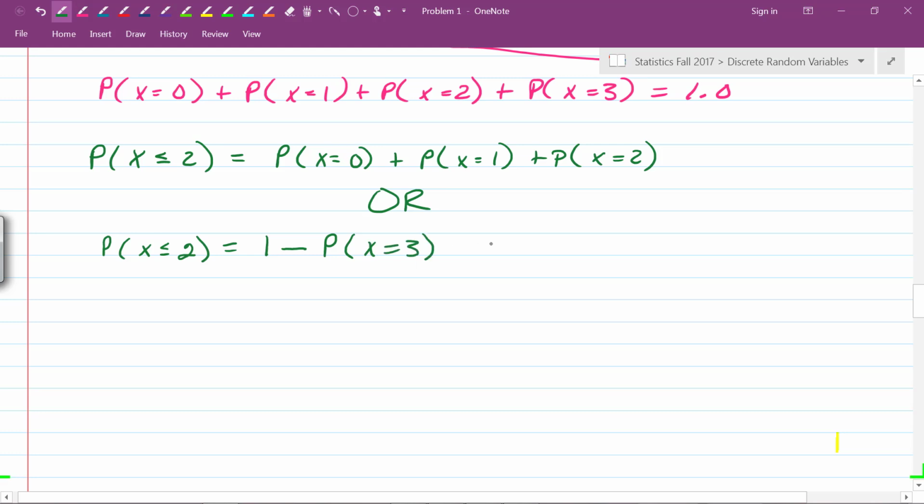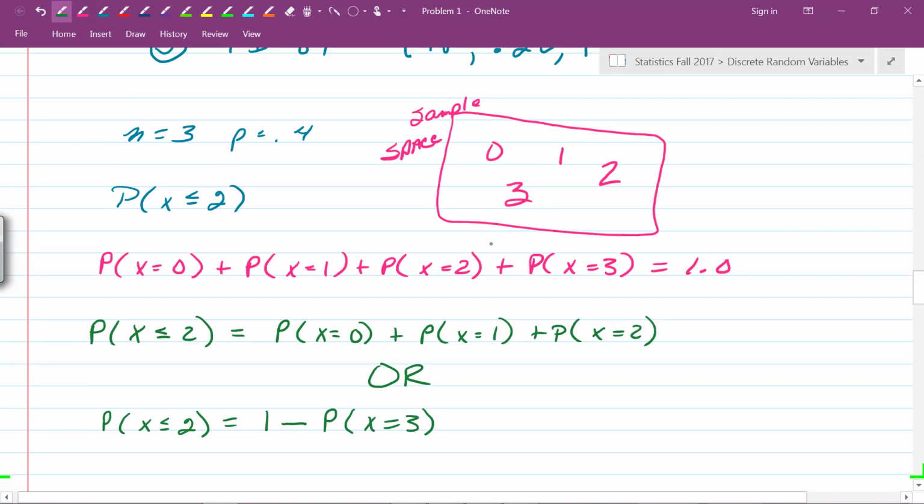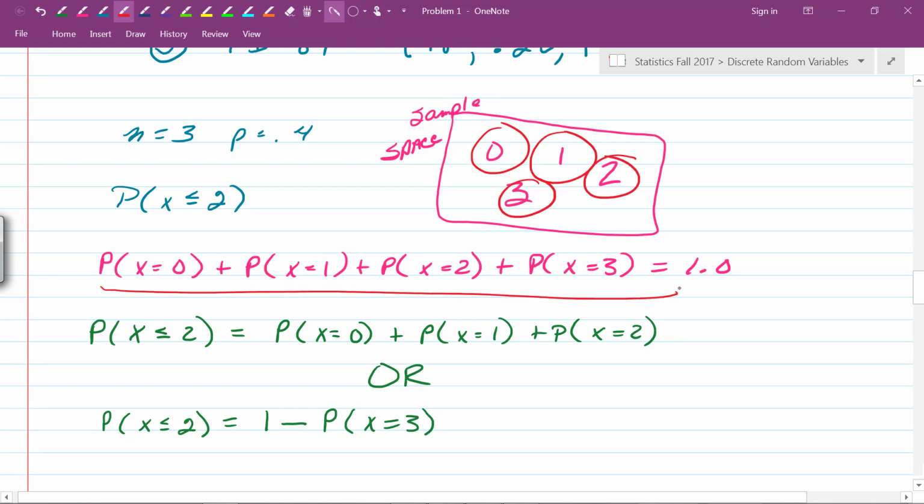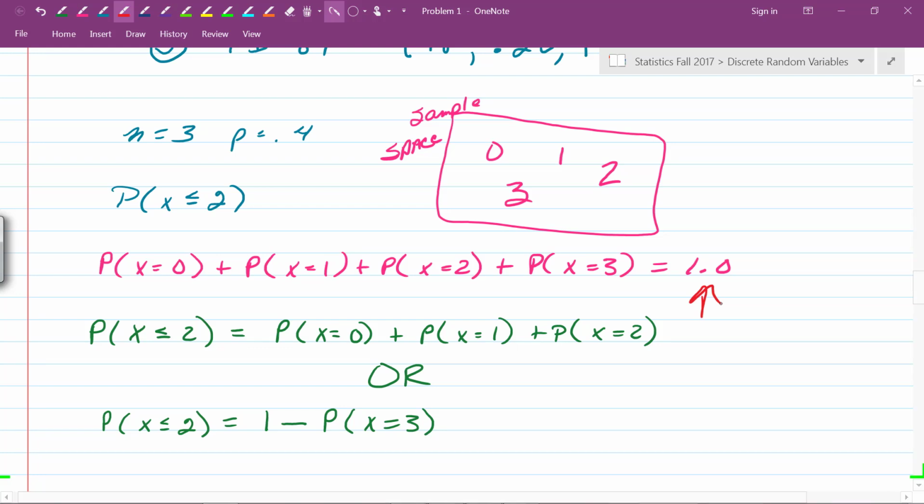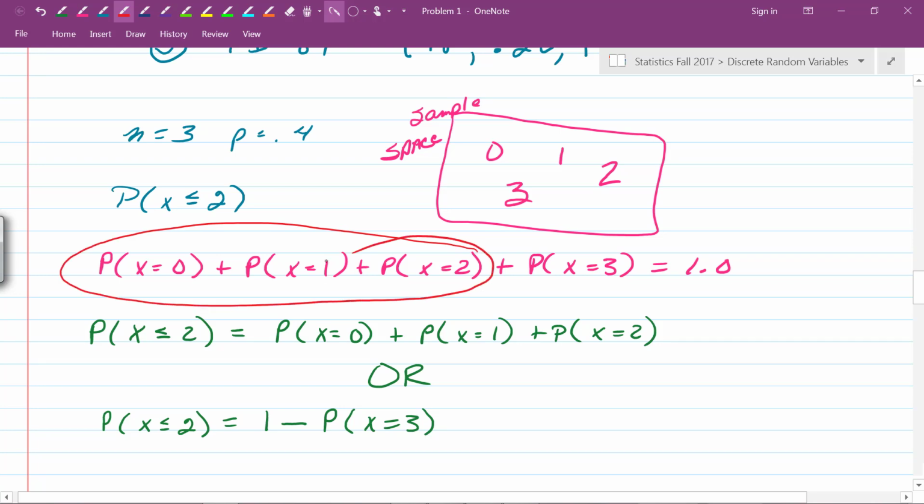Let's ponder that for a moment. We know that the probability associated with all of these potential outcomes equals 1.0. What I'm looking for is the probability that x is less than or equal to 2, so the probability of these all summed together. The only thing I don't want in that probability is x equals 3.